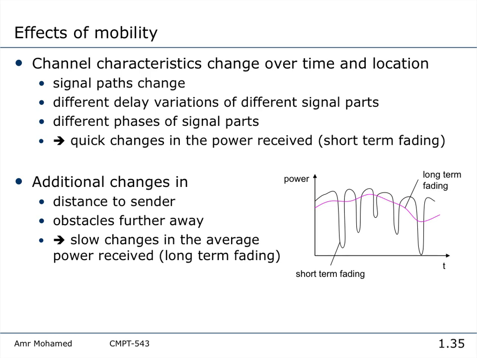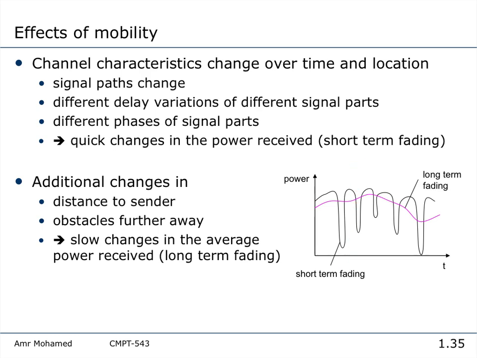ماشي? So the mobility can cause two well-known phenomena, at least in wireless communication, which are short-term fading and long-term fading. Short-term fading here talks about the fact that as the car moves, the multipath propagation causes, at certain points, the signals to arrive out of phase and cancel each other, so you have a drop in the signal like this.